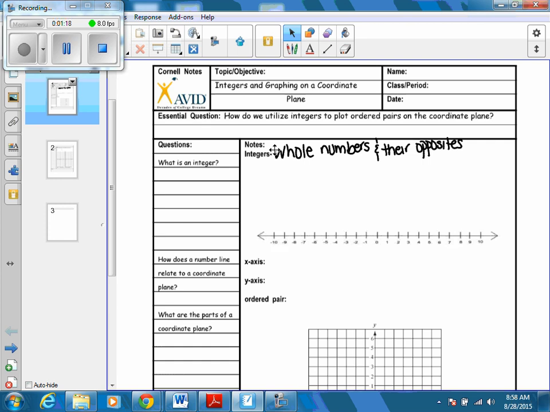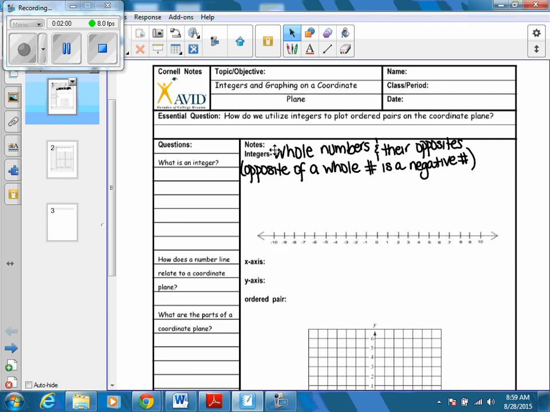Integers are whole numbers and their opposites. The opposite of a whole number is a negative number. So for instance, if I give you the number 5, 5 is a whole number, so the opposite of that number would just be negative 5.